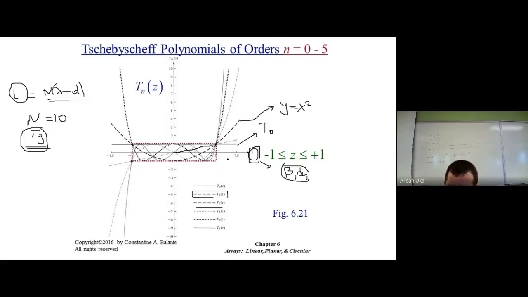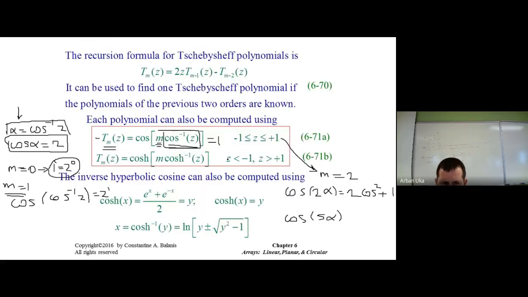Another important thing we should notice is that the Chebyshev polynomials are defined only when z is smaller than or equal to 1. Let's have a look here. Why is this the case? Because if we are describing the Chebyshev polynomial as a function of z, we see that z is equal to the cosine of something, and cosine has those real limits.